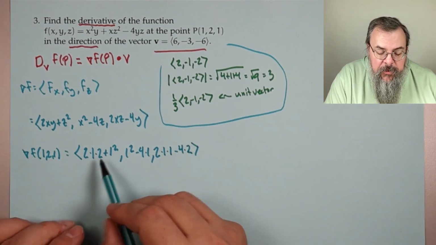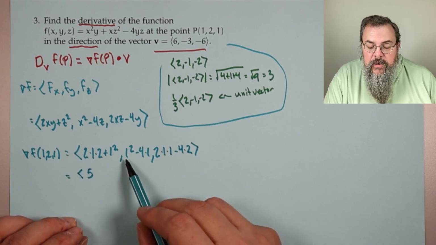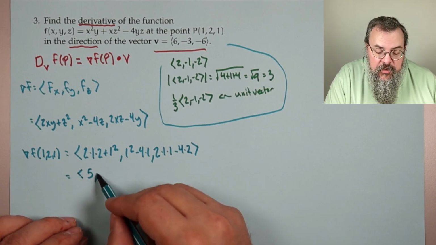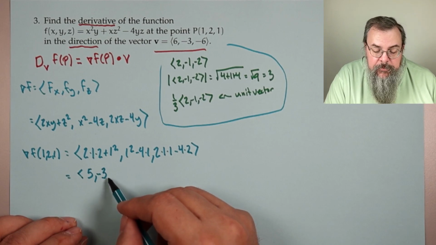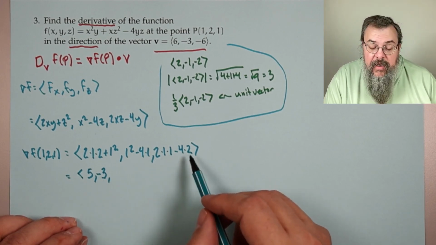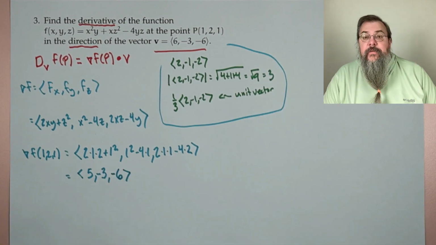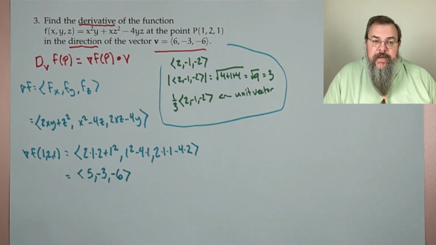That's 4 plus 1, also known as 5. This is 1 subtract 4, also known as negative 3. And this is 2 subtract 8, which is negative 6. So 5, negative 3, negative 6.